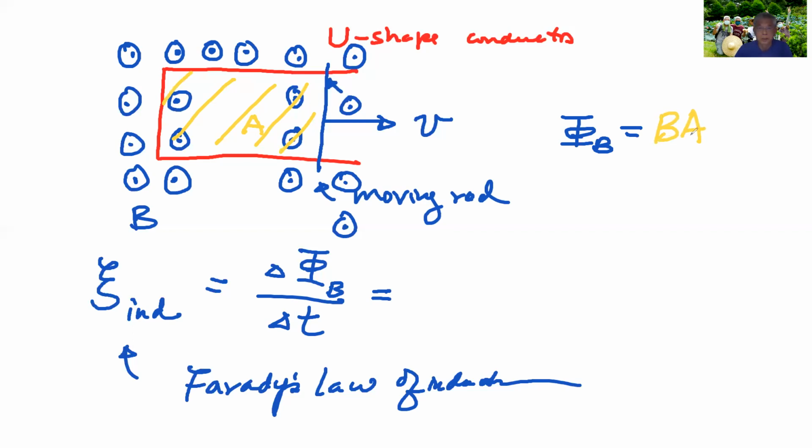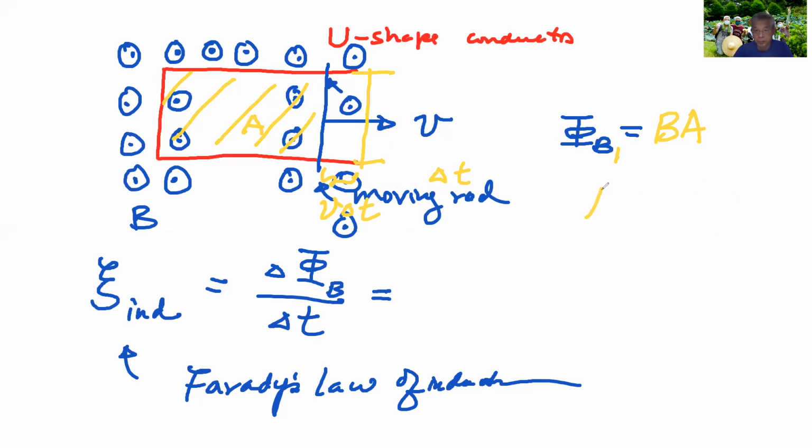So that's the original, that's phi B1. And sometime later, let's say this one now moves to here. So delta t time later, this one moves v times delta t. So the area has increased now.